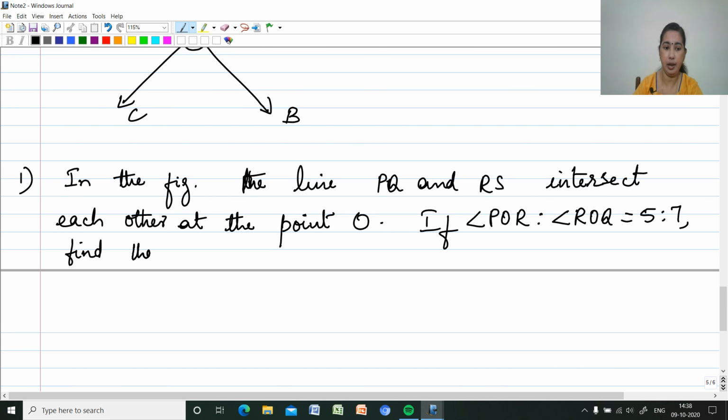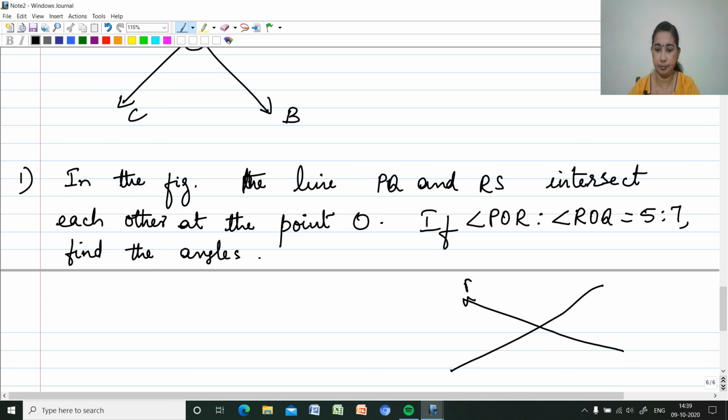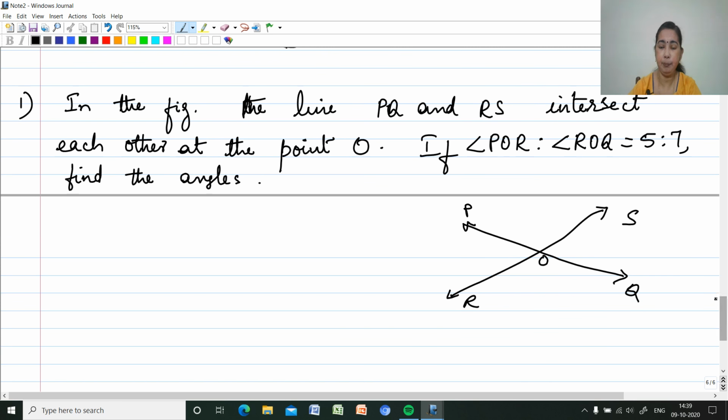The figure is given here. This is P, Q, R, O and S. Here it is given that the lines PQ and RS intersect at the point O.